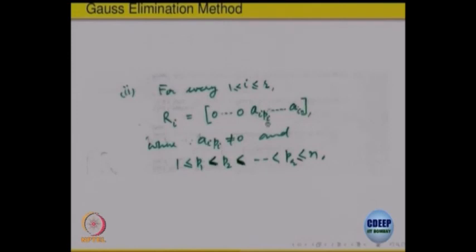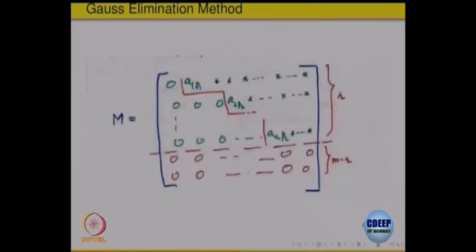That place is Pi, and then we should have P1 less than P2 less than ... less than Pr. Of course, Pr has to be less than or equal to n, the number of columns. So, that is the row echelon form, and that is what it says. The matrix will look like this.